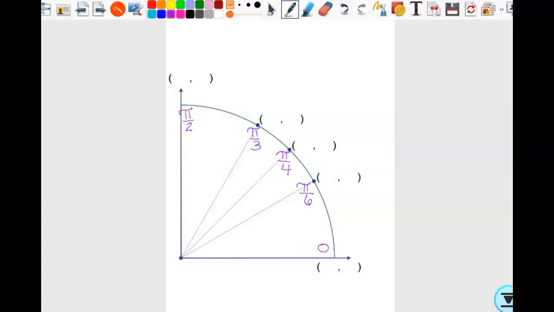And then double check yourself with me. Do we all agree with that? Yes? Not so bad, right? Okay, so now without looking at anything or talking to anybody or looking at anybody else's paper, I want you to do the best you can to fill in the ordered pairs.